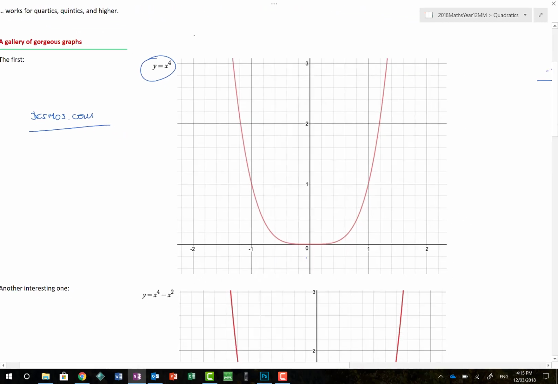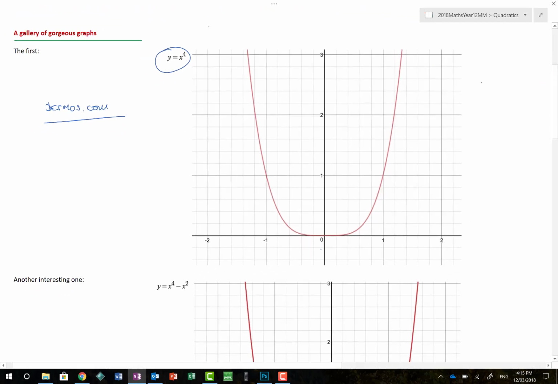But x to the power of 4, great graph. First things first, it's of the same family as the quadratic, x squared. This, however, if you look at it, is much closer to the y-axis than x squared is. x squared would actually be going something like that.